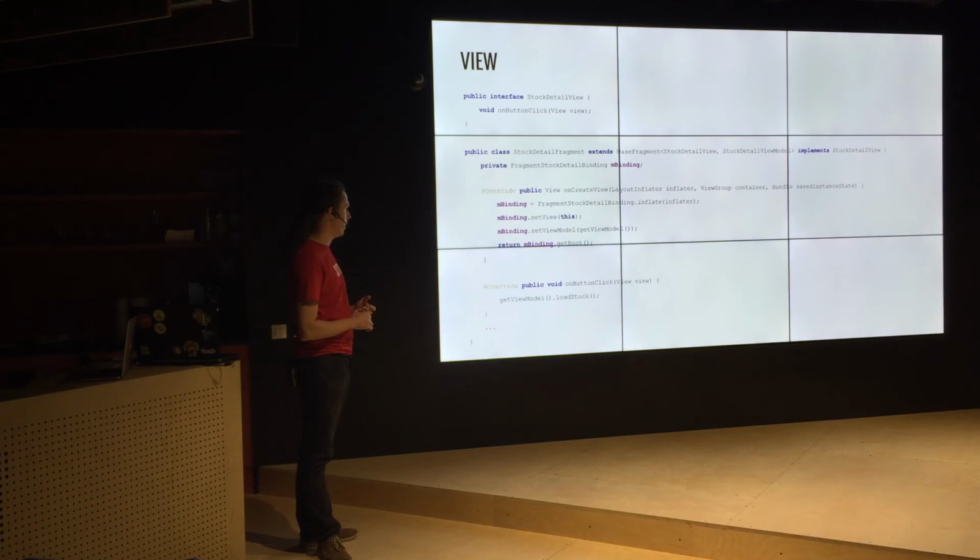I will set a view and a view model. And then you can see that I implemented the on button click event, and when the user clicks on the refresh button, I will call get view model, and I will load some data. I will call load stock method.